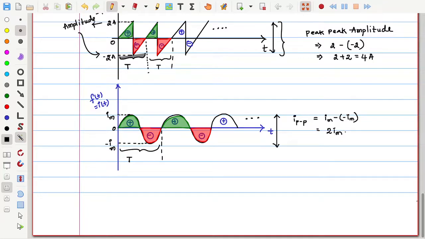Right. So now, in general, for these periodic functions, how we identify them is mathematically.